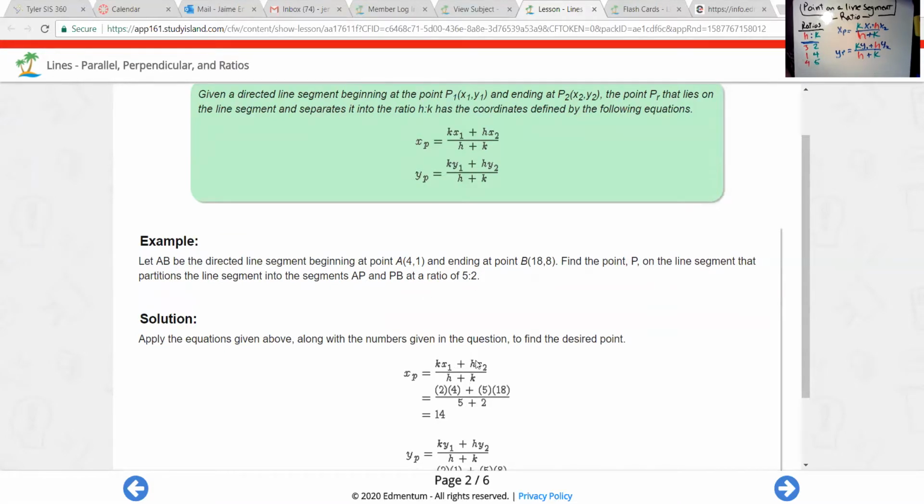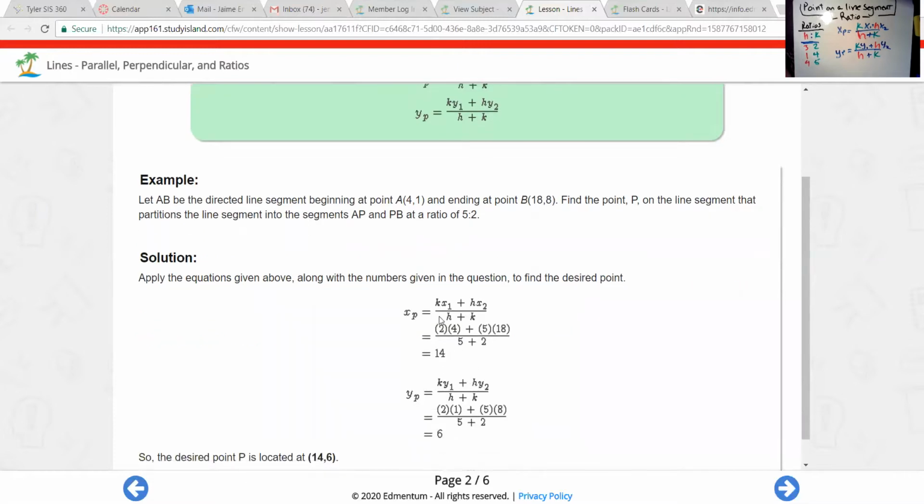And then H is 5 and X2 is 18, which I believe is 90. So you add these two values together, divide by 7, and your answer comes out to be 14 for the X value on that point that they're looking for.